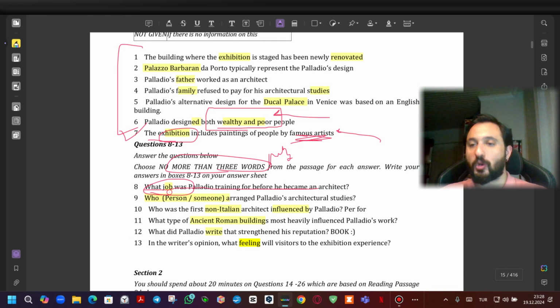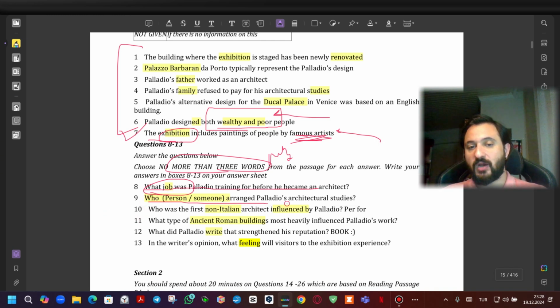Just you need to find job. No need to try to find what job did he do. Just try to find name of one job. Okay? It cannot be paraphrased. When you find any job, then come to the question, read the question, then go back to text and continue.